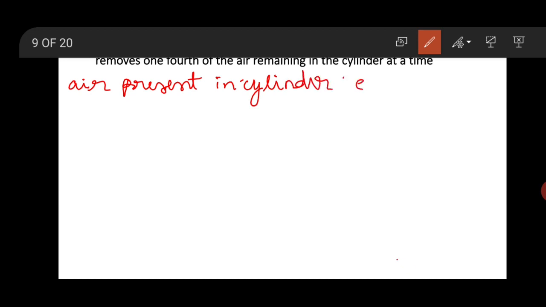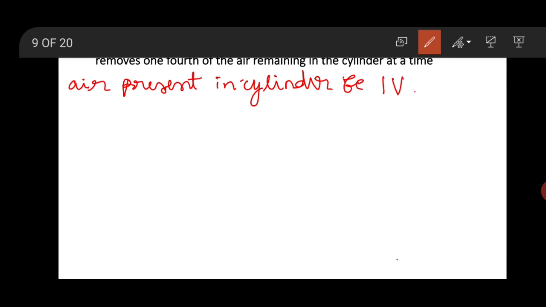Let the air present in the cylinder be 1 volume, 1 V, right?